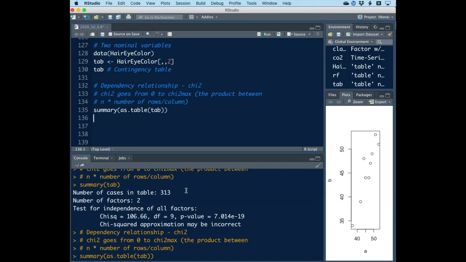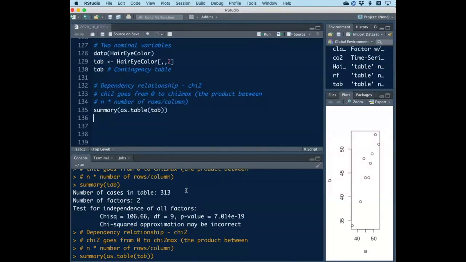And we have the dependency relationship, which is typical of categoric variables, nominal variables. And it means that having one particular class in one variable implies that we are more likely to have a particular class in the other variable.